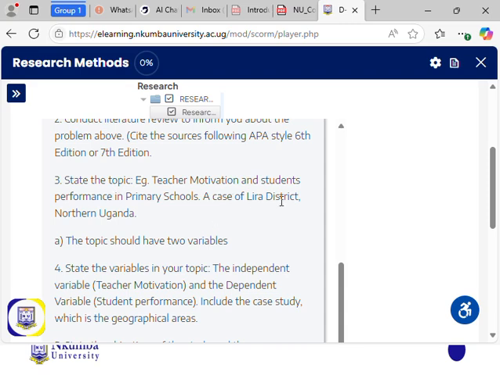The topic will show where the problem is and where this study is going to be conducted. That's why we put here the case of Lira district, Northern Uganda.